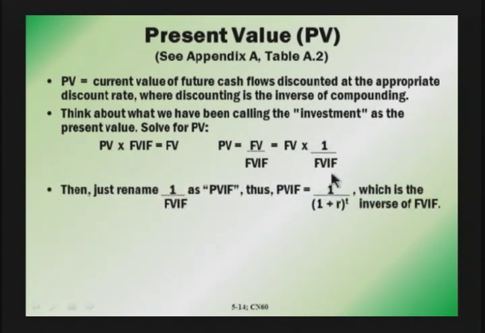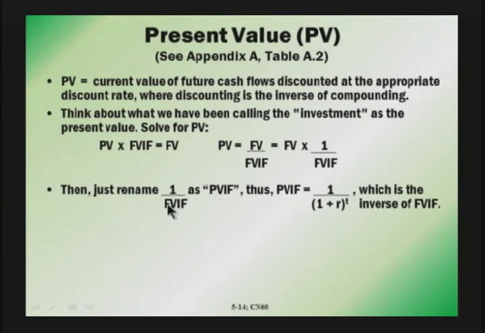If we just rename 1 over the future value interest factor as the present value interest factor, then you'll see that that is what is represented in that table A2 in Appendix A. 1 over the future value interest factor, or the inverse of the future value interest factors, are what we call the present value interest factors.